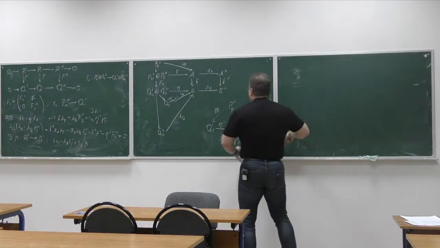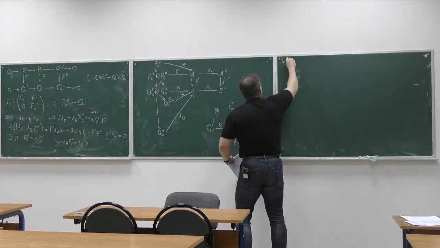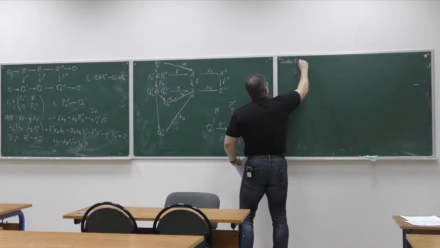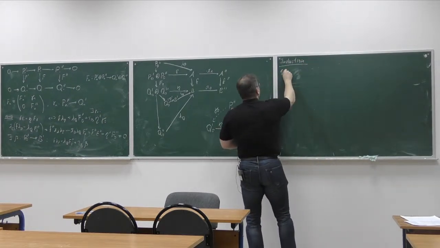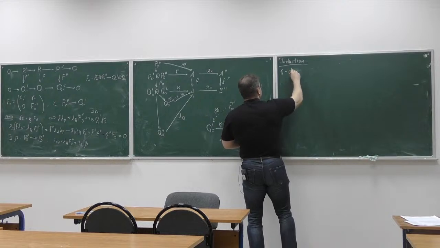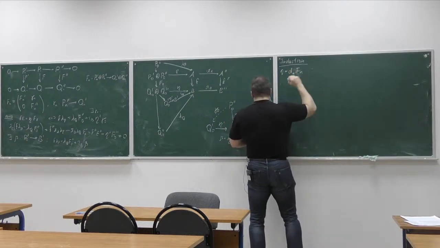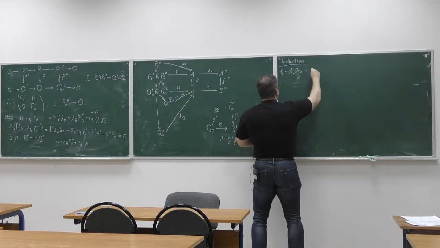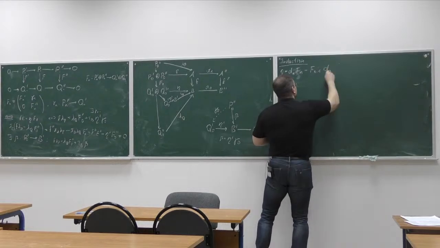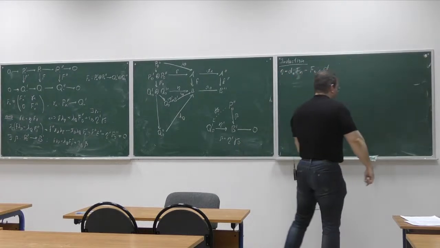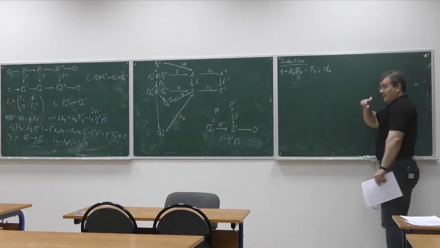Okay, so induction. I'm going to first of all say that the commutator of the Fn and the differential is 0, which of course has to be true if I want a map of complexes.